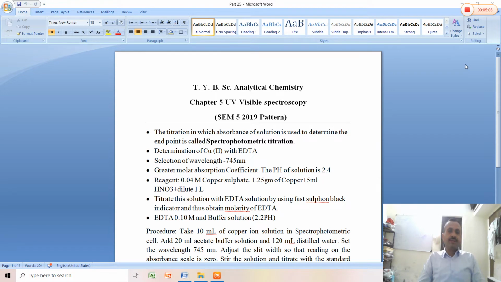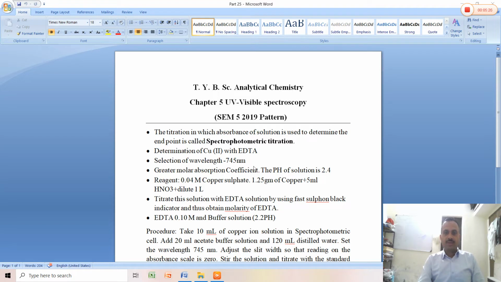Similarly, here we determine the copper 2 plus solution with the help of EDTA. For that purpose, selection of wavelength is very important. So we select a wavelength of 745 nanometer.